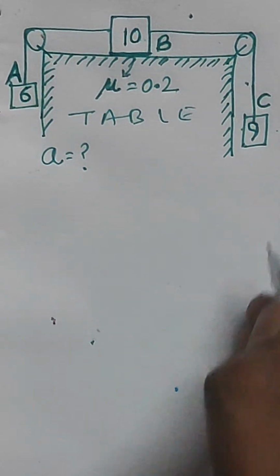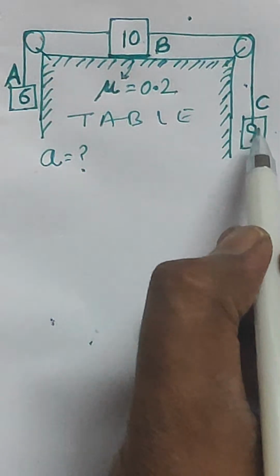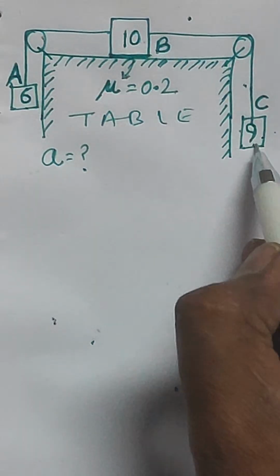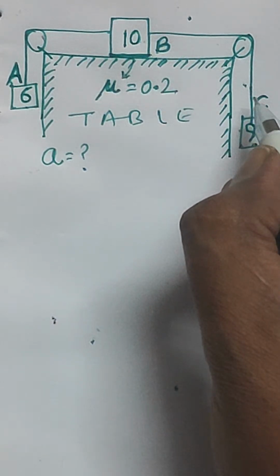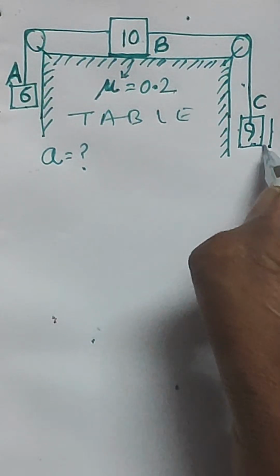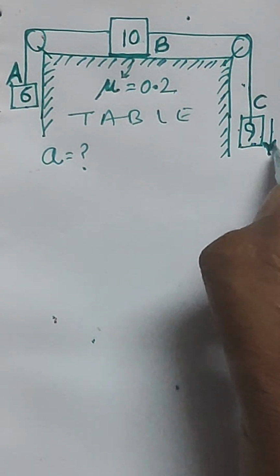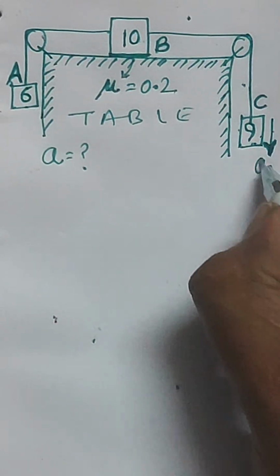You can see this mass is 6 kg and this is 9 kg. Definitely 9 kg is heavier than 6 kg, so block C will move downward. Let us say it moves downward with an acceleration of a.